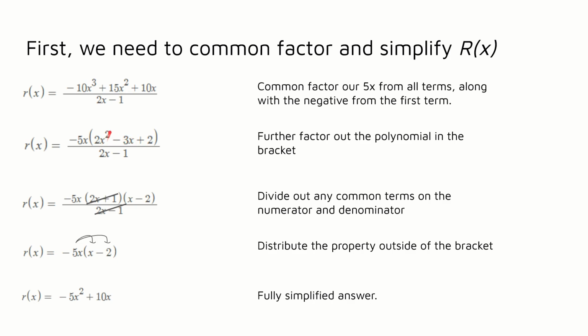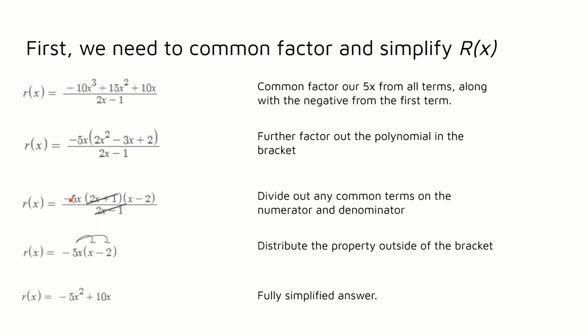So 2x squared minus 3x plus 2 simplifies to 2x plus 1 and x minus 2. Notice how there is a 2x plus 1 and a 2x minus 1 on both the numerator and the denominator. We can cancel those out, so we're left with negative 5x times x minus 2.